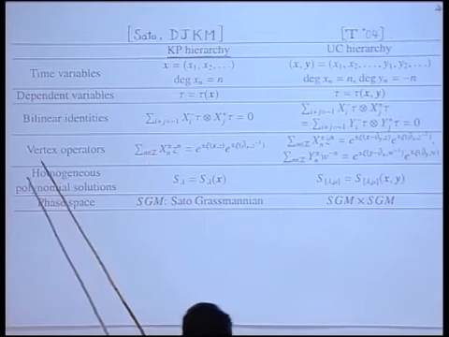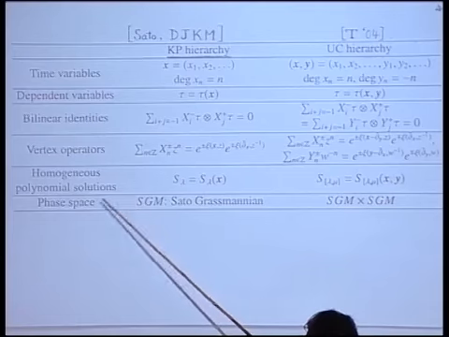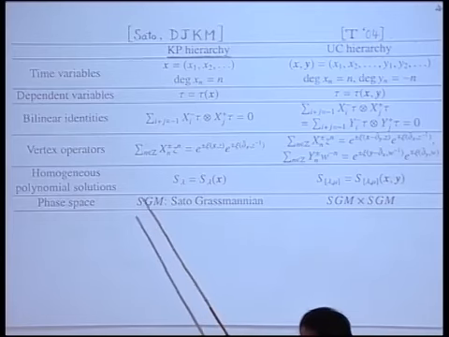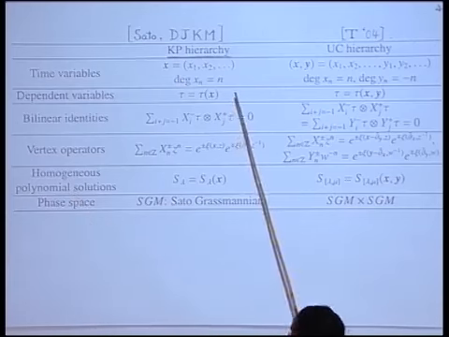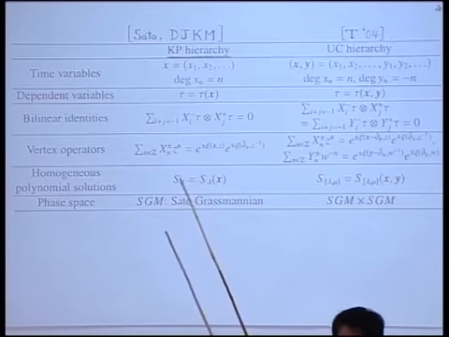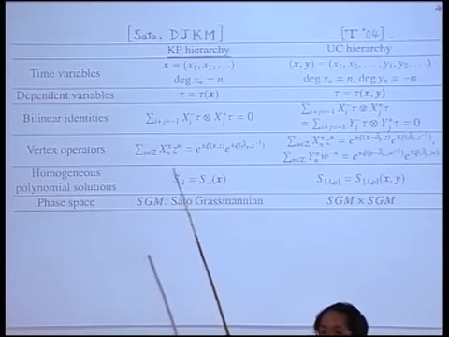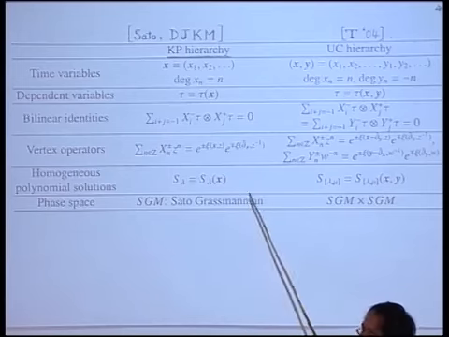And it is shown by Sato that the phase space, in some sense the whole set of solutions of the KP hierarchy, forms an infinite dimensional Grassmannian manifold. Today we call this the Sato Grassmannian, SGM.